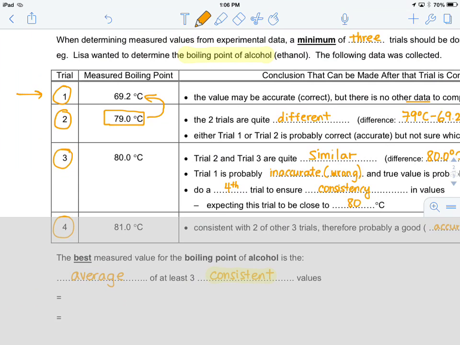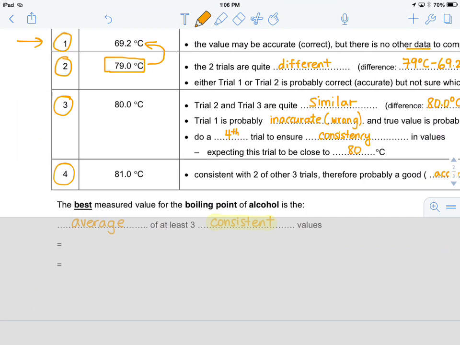Now, when we talk about 3 consistent values, this is important because we've done 4 trials, but we said that trial 1 was inconsistent. It was different. It was inaccurate. It's probably wrong. So we don't want to include that value in our average because that's going to throw our average off. We want to include these 3 consistent values in our average.